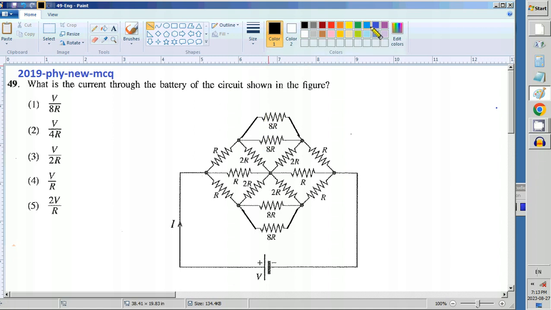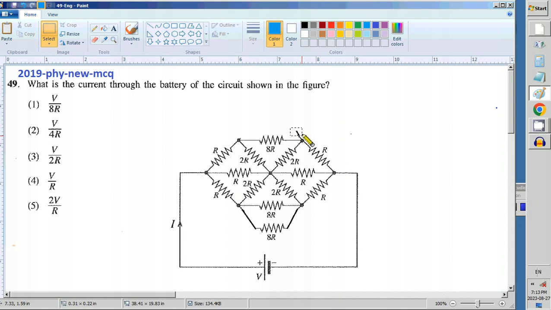Now we can see these two resistors are in parallel. So instead of these two, if 8R and 8R are in parallel, what is the resultant? Half of each. That means 4R. So we can replace one instead of these two, so I delete one.